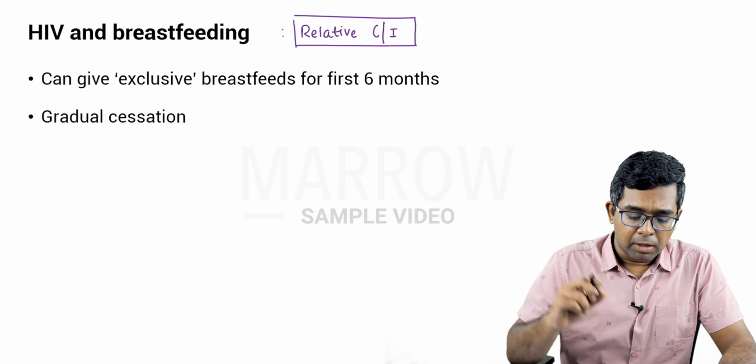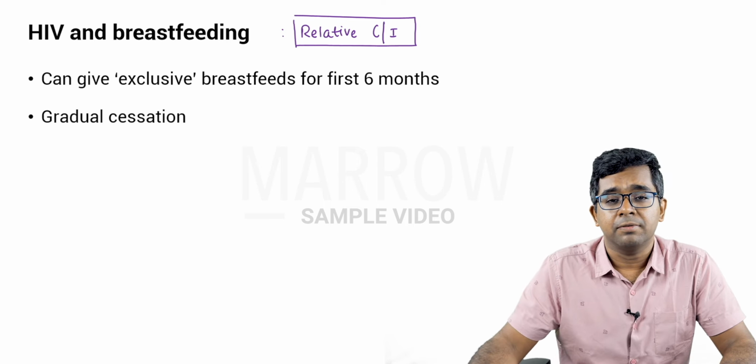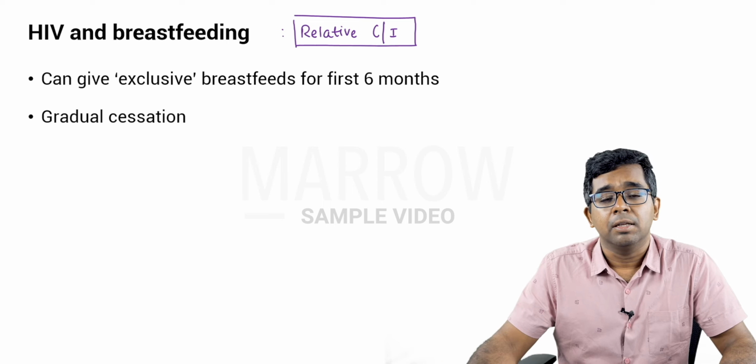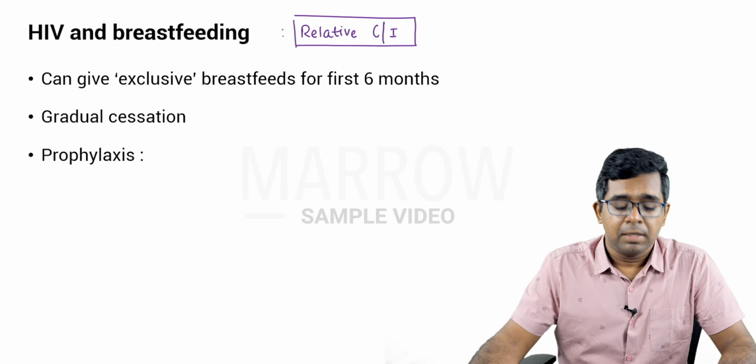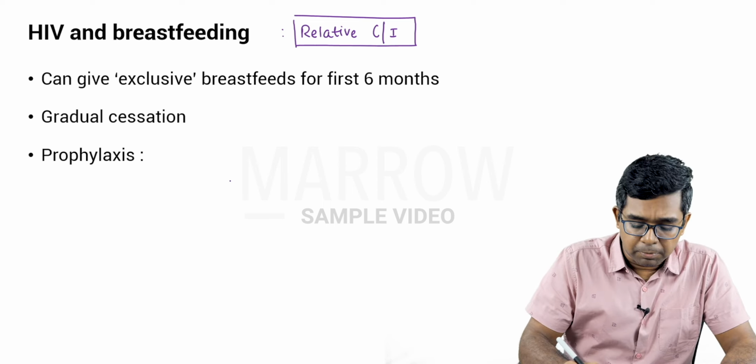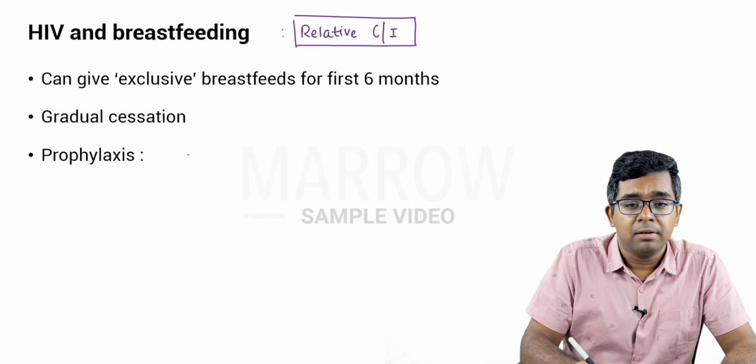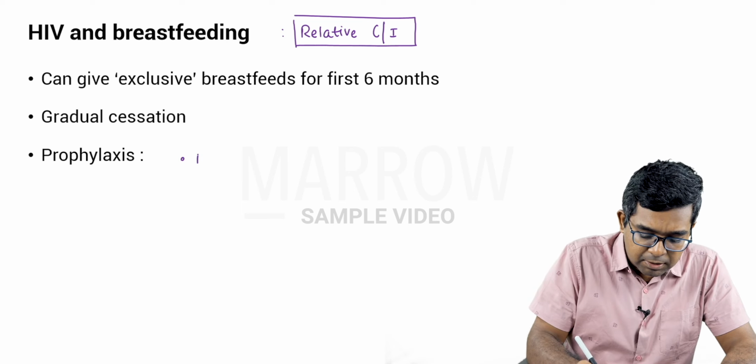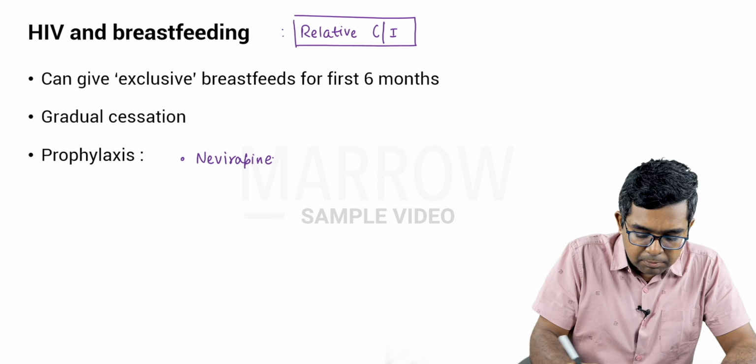Okay, right. And always remember, when the baby is breastfeeding from an HIV positive mother, the baby should take prophylaxis. The important drugs recommended for prophylaxis are: one is the antiretroviral drug itself. What is that? Yes, it is nevirapine prophylaxis, which is recommended since birth itself.